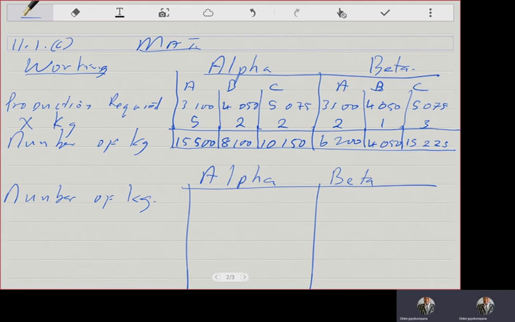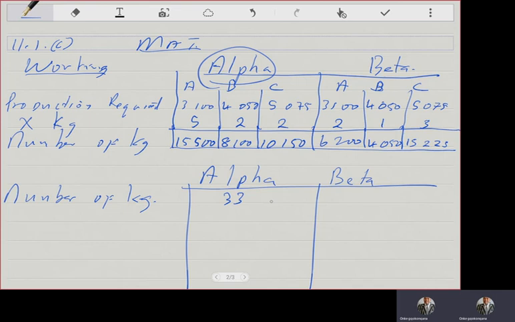Plus 8,100 plus 10,150. The reason why we combine is because we are producing these 3 units out of this product. So that is why we need to get the combined or aggregated total units.